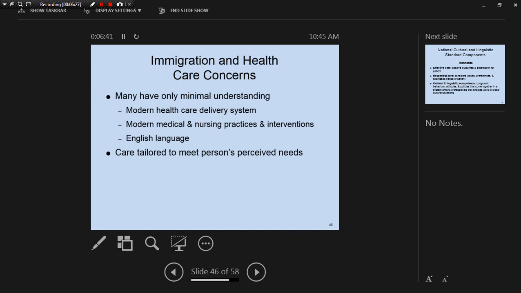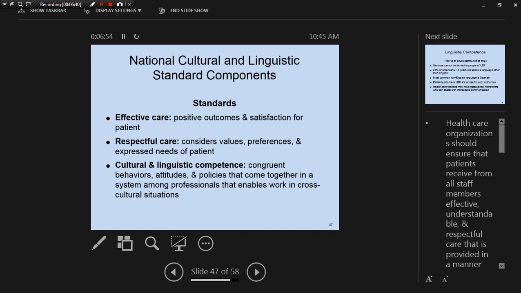We need to make sure that we know all of those can factor into the patient's outcomes, that we're tailoring to the patient's needs to improve those outcomes and their safety and the quality of care.